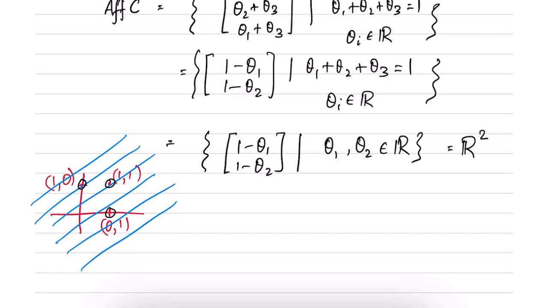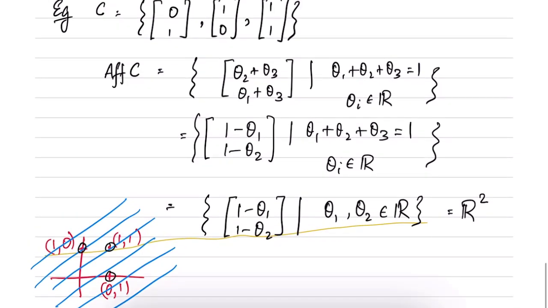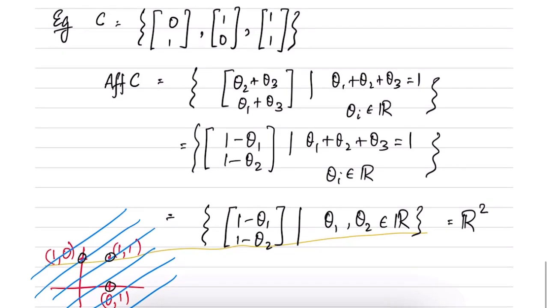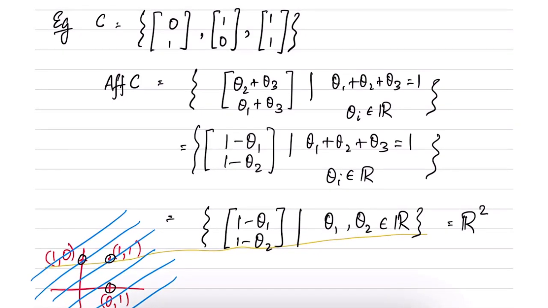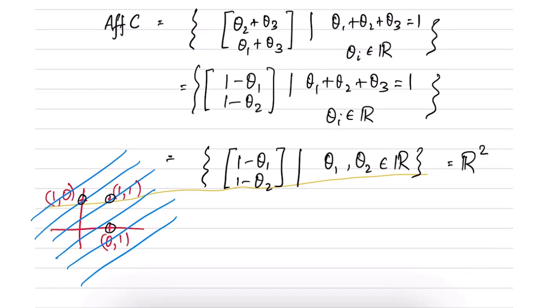I hope the way in which we have described the affine sets is clear. We have described it using the parameterization, using thetas, which are real-valued parameters. In the same way, we will be able to describe all kinds of sets. So this mathematical approach of writing down sets and their affine hulls should be clear.